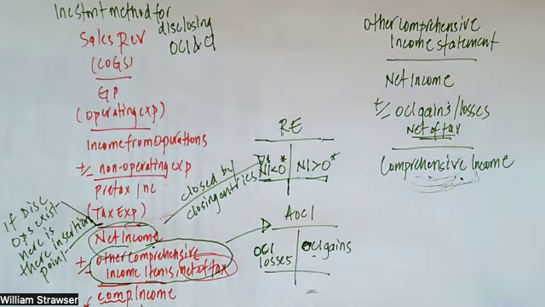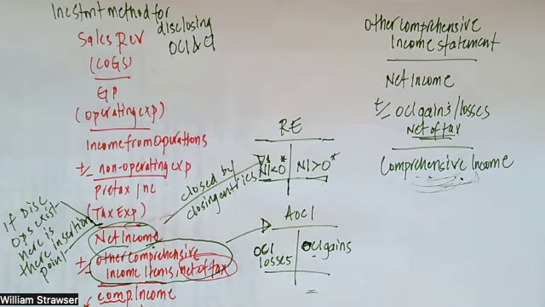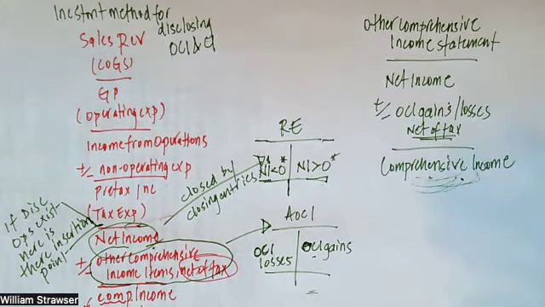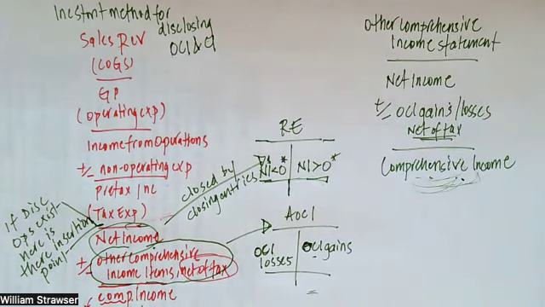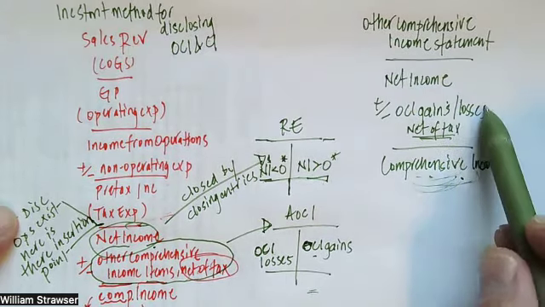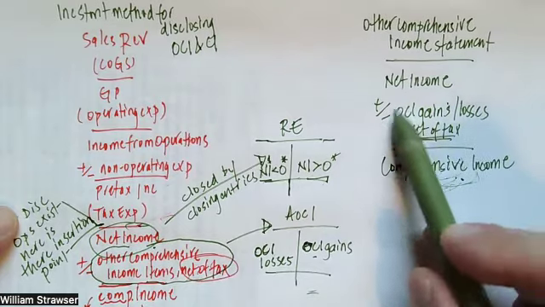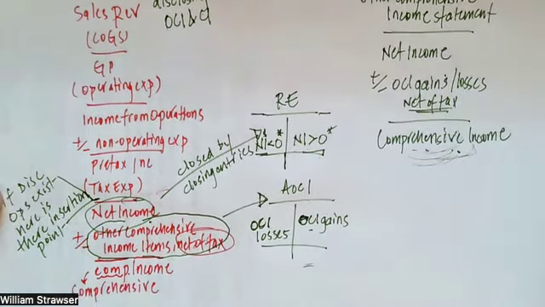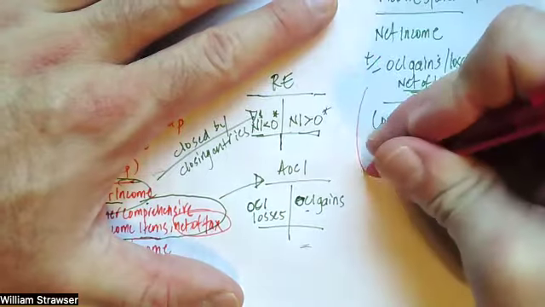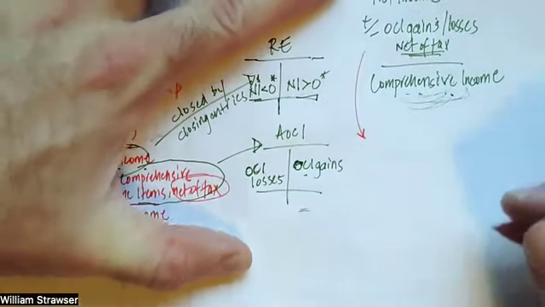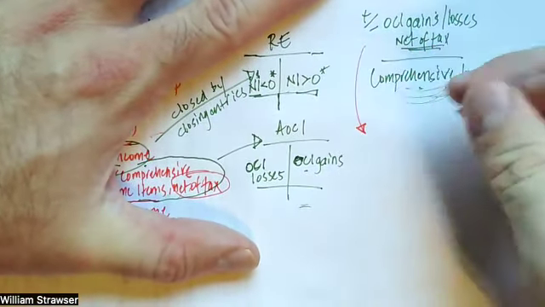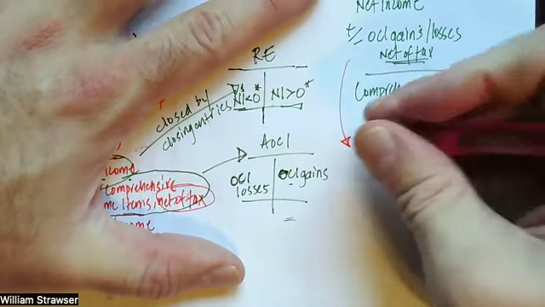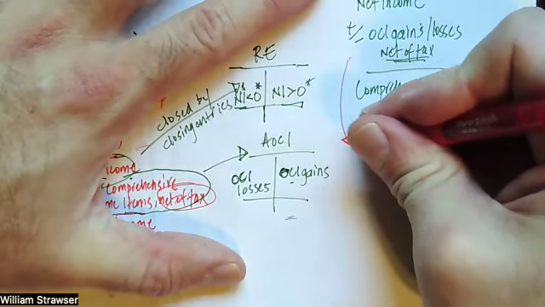Comprehensive income. It's telling me the whole story, the comprehensive story. But it turns out that the whole story can sometimes introduce noise in my ability to predict future income. And in particular, OCI gains and losses. If you watch my lecture and look at some of the questions in the chapter 4 problem set, these OCI gains and losses are usually transitory.